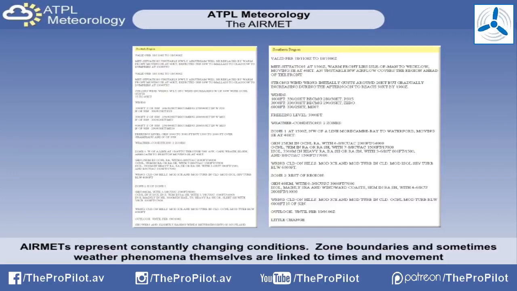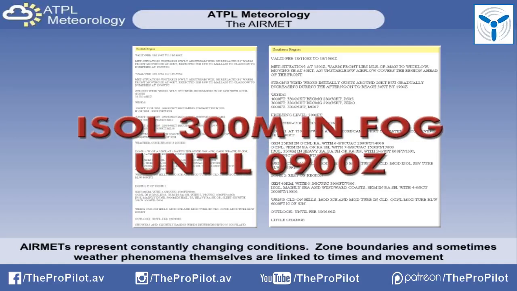When interpreting AirMets, it is essential to appreciate that the information given in each zone is a simple forecast of the anticipated conditions at a given time. Sometimes specific mention is made of the timing of phenomena. For example, isolated patches of fog with a visibility of 300 meters are expected until 0900 Zulu.